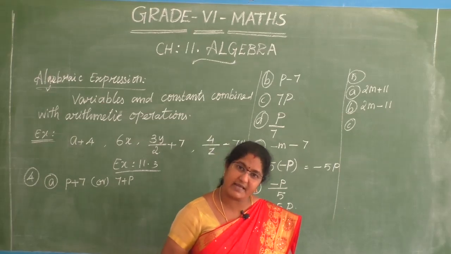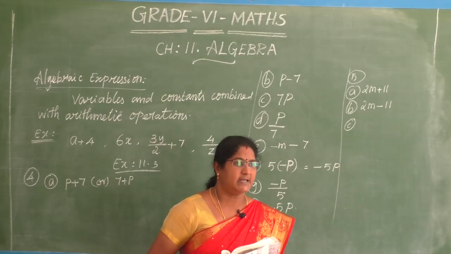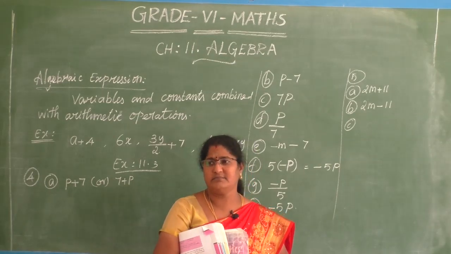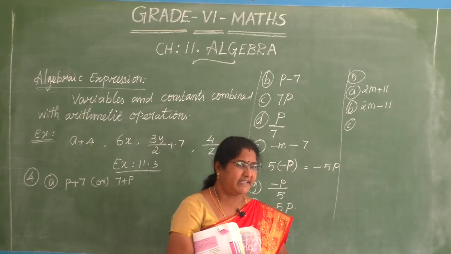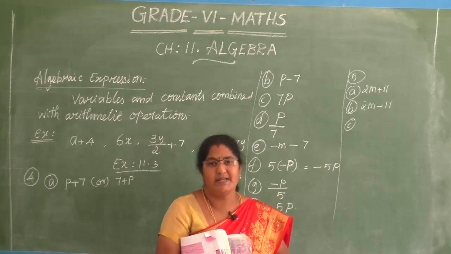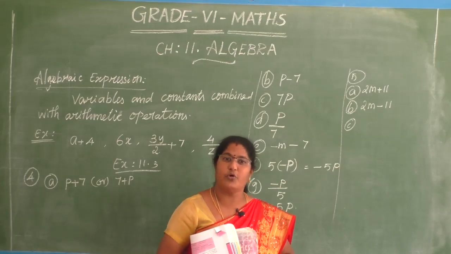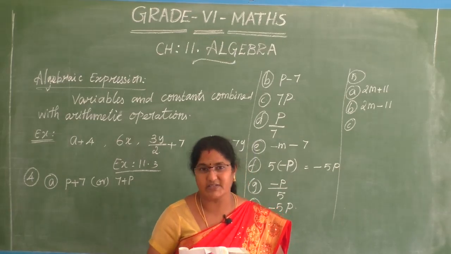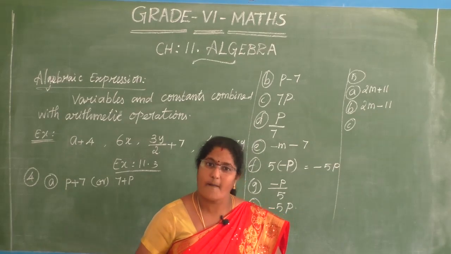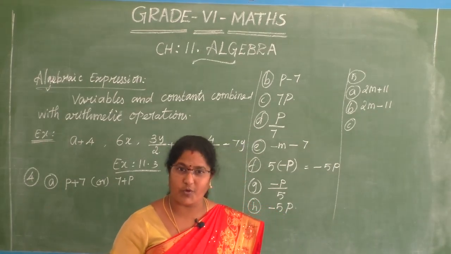Times, 5 times. How do you write? That means 5 times, what do you have to use? Times means multiples. 5 times, when we do it, what do we do? 5 times means multiplication. So 5 times y, so 5 into y.